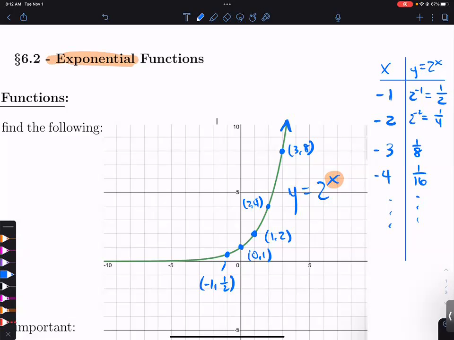It's always sitting just above the axis because it's 1 over the next biggest power of 2. So that's always positive, but it can be as small as you want it to be, just like we saw with some of the rational stuff. So there's a horizontal asymptote here.